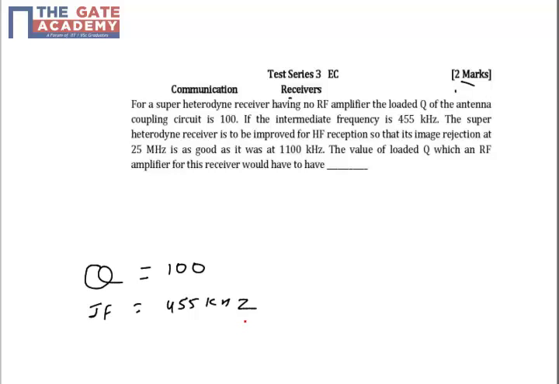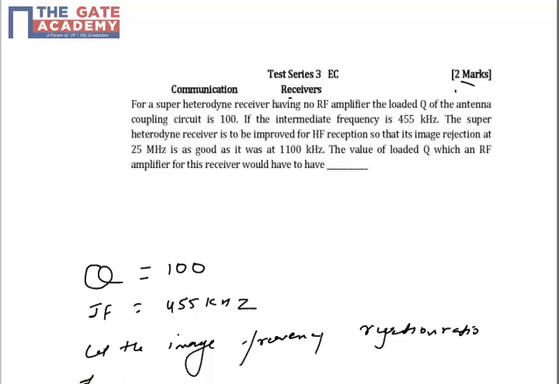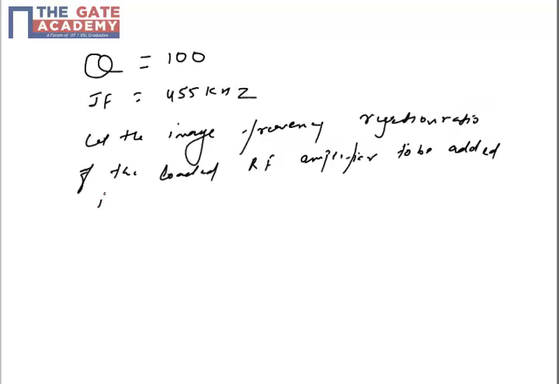Now let's calculate. First of all, let the image frequency rejection ratio of the loaded RF amplifier which is to be added be A dash.